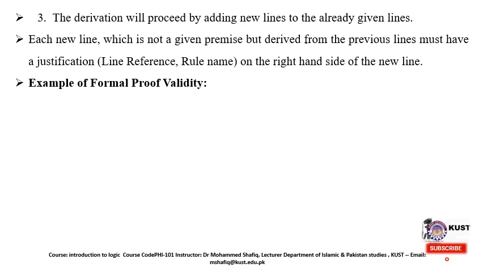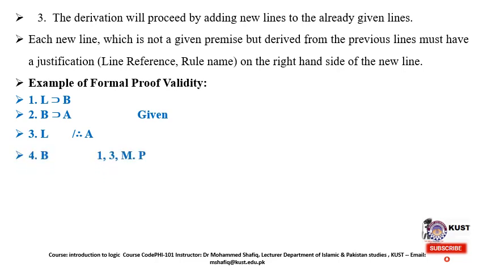Example of formal proof of validity. It says L then B. Then it says B then A. Therefore, it says L, and the conclusion would be therefore A. Line 5 says B, from 1, 3 modus ponens.